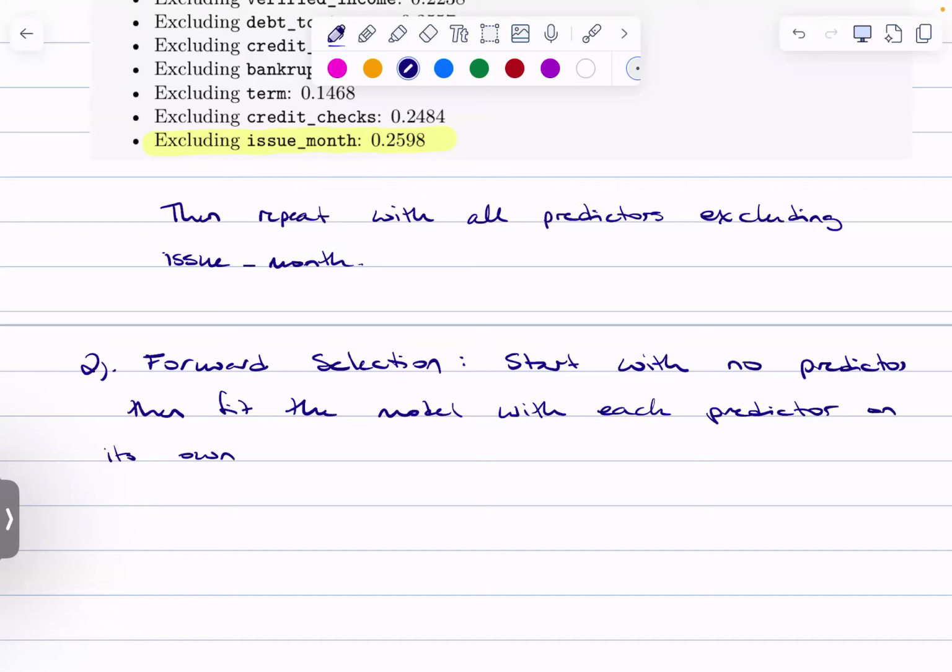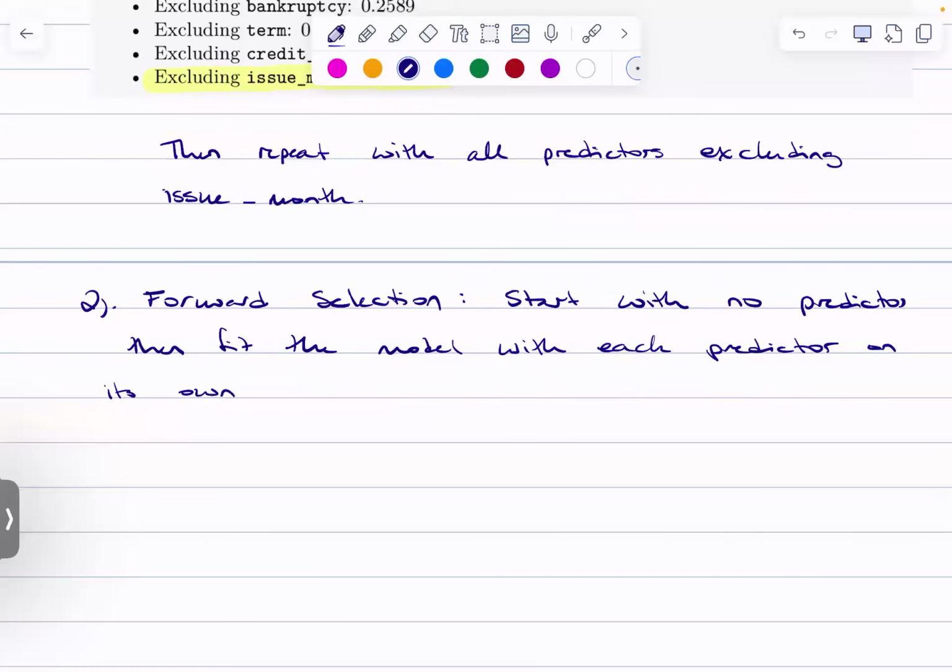Only income verified, only the debt to income ratio, only the credit utilized, right? And pick the one with the highest adjusted R squared. Pick the model with the highest adjusted R squared.